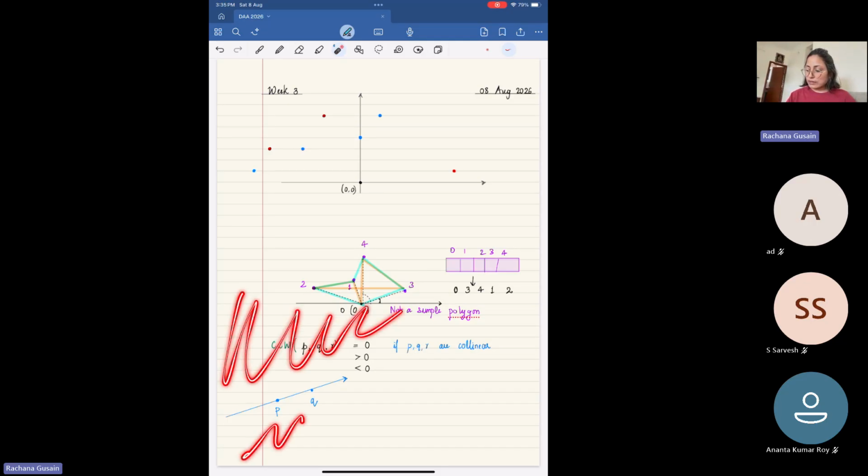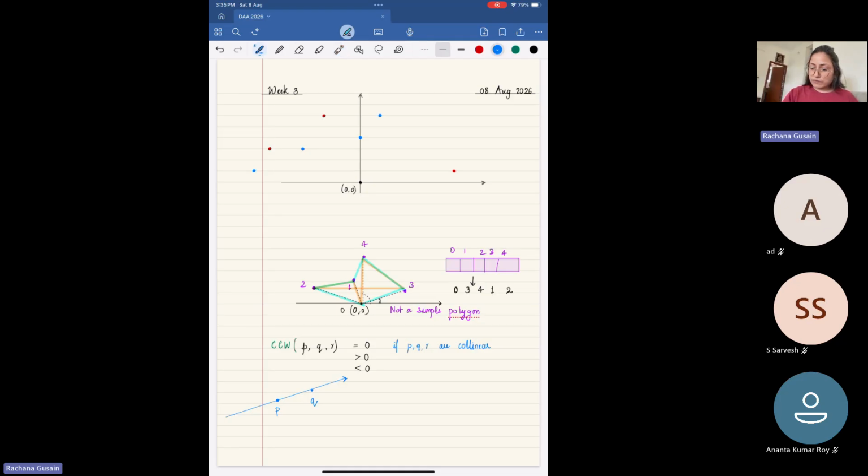One is this side and the other is this side. So whether R lies in this half or this half, the value will be positive or negative. If R is to the left of PQ, left meaning this side, then it is to the left, and right is this half.